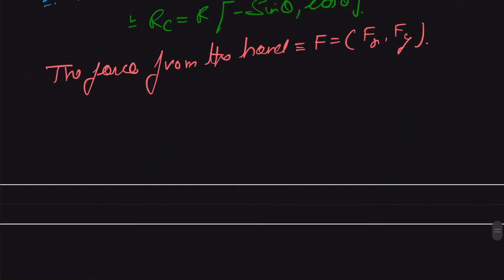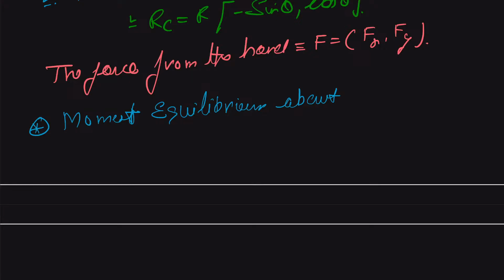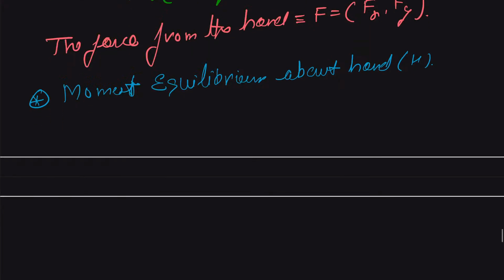So we are going to find out the moment equilibrium about the hand, which is basically represented as H. Therefore, we can find out the moment because of the weight.